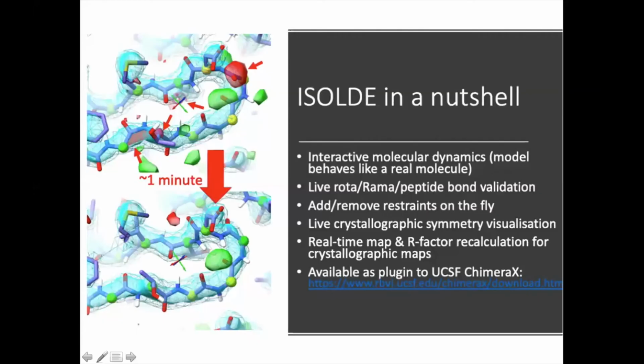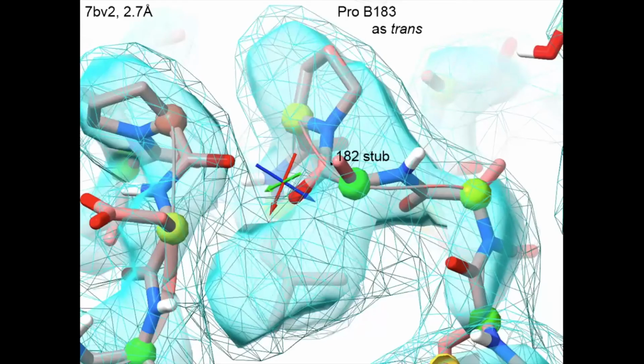Then Tristan's Isolde program is an even better way to fix things like this. It has quite a learning curve, but once you get into it, it's really neat, very effective. And for instance, here's a close-up of, actually, this is a proline that was fit as trans in one of the SARS structures.